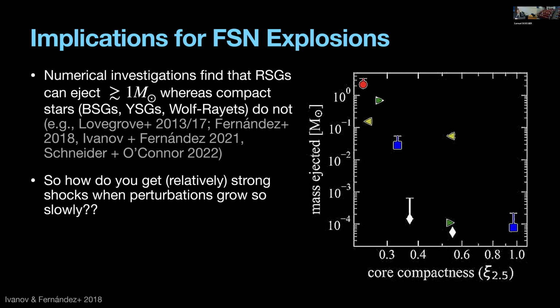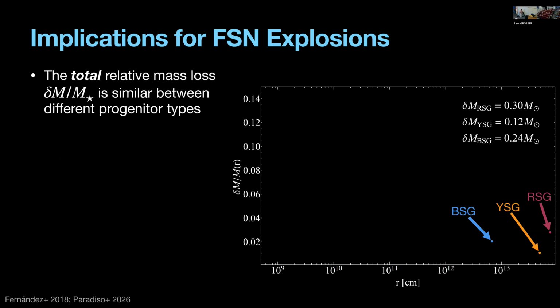But if the shock waves are so weak, and they grow so slowly, do you actually produce a strong explosion? Because what you end up getting from red supergiant simulations of this problem is that the shock wave is more like in the Sedov-Taylor regime.